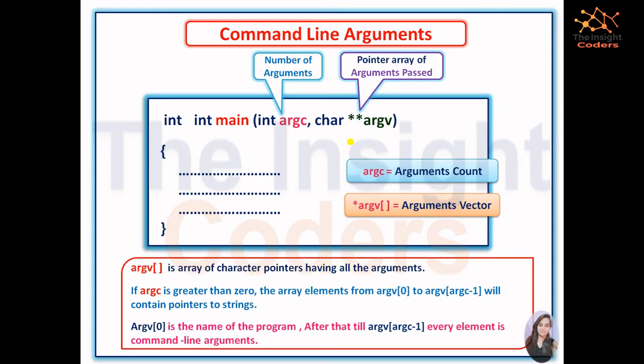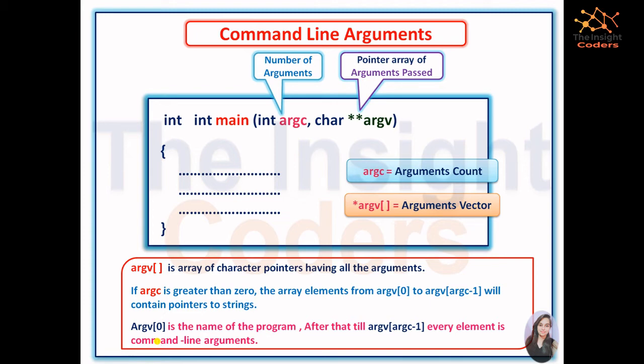Something more about this. Let me tell you, argc is basically the number of command line arguments that the user will pass. This must be a non-negative number because the user must pass at least one argument. The second thing that you must know is, say I want to input three values, 10, 20 and 30.